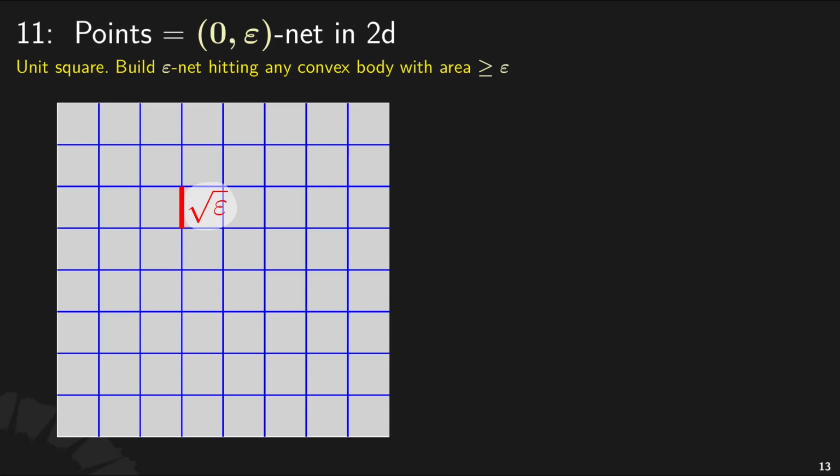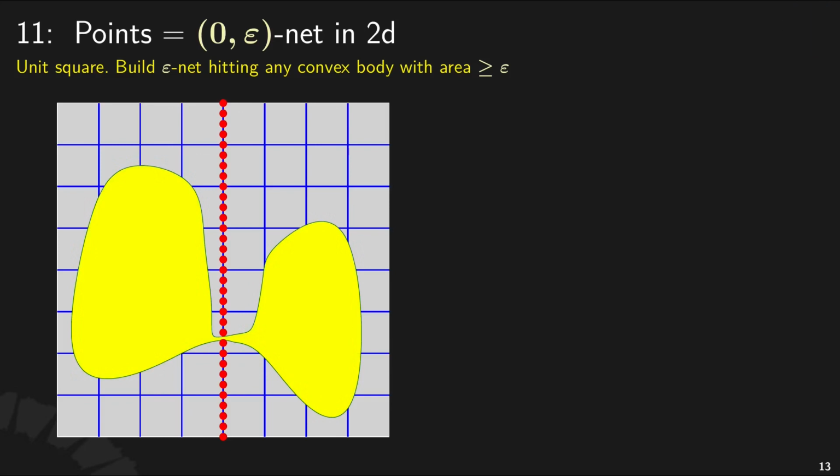But let's now try to do it for points. We now want to build an epsilon net for points in 2 dimensions. The idea is that we take the line in the middle of the square and put a very dense set of points on it.